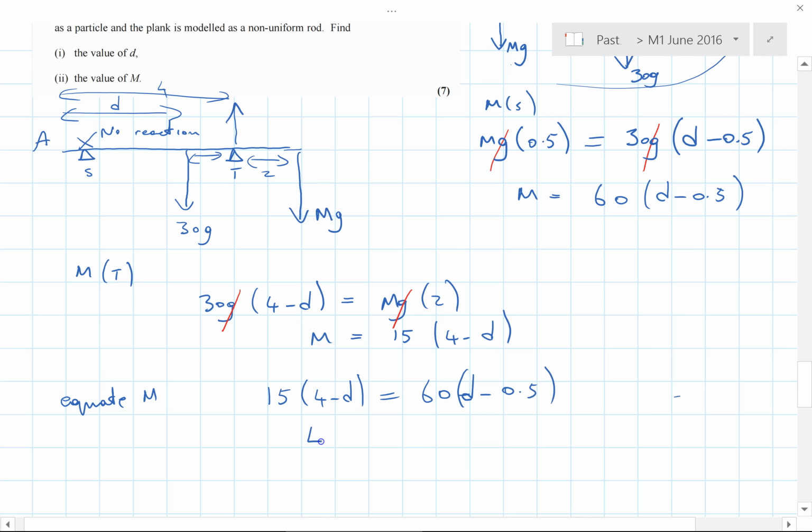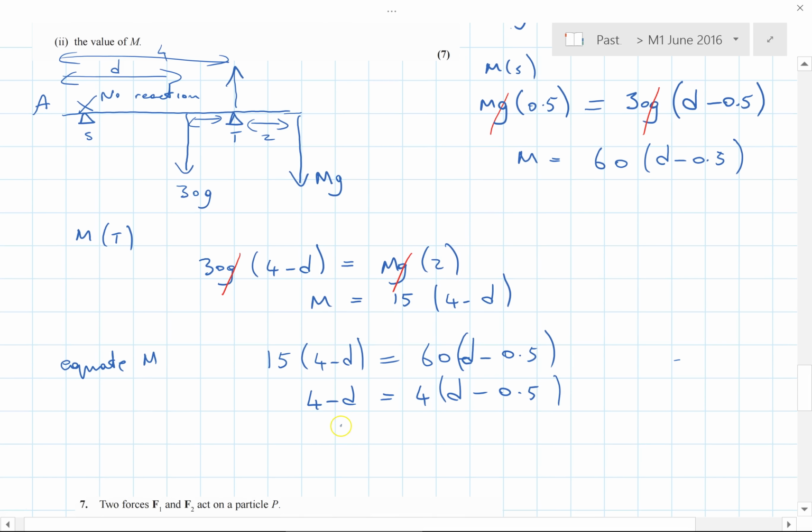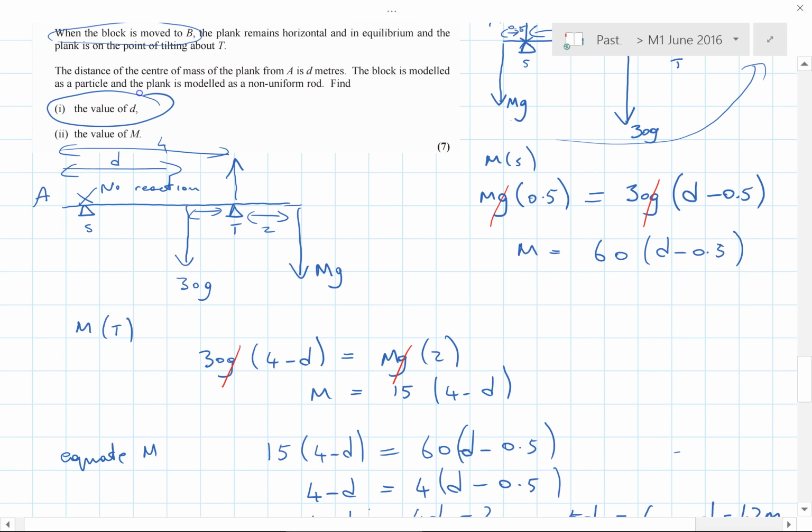We can divide by 15, I mean, which gives us 4 minus d is equal to 4(d minus 0.5). So 4 minus d is equal to 4d minus 2. So that gives me 5d equals 6. So d equals 1.2 meters. So that's our first part of the question, the value of d.